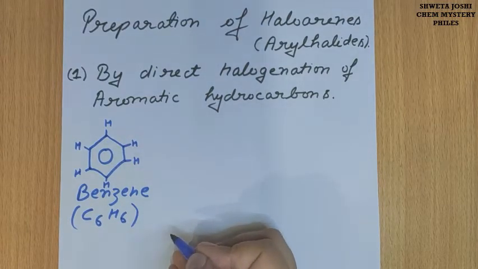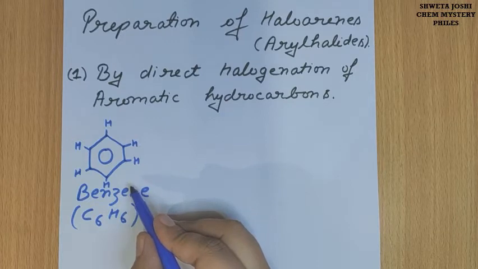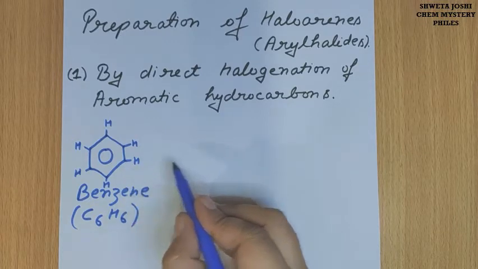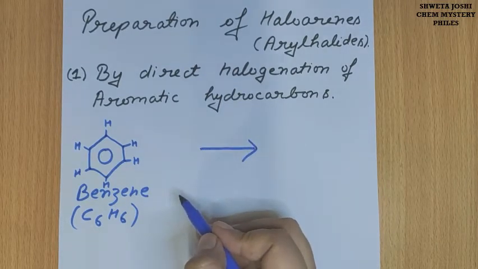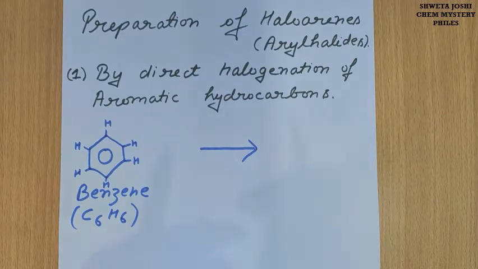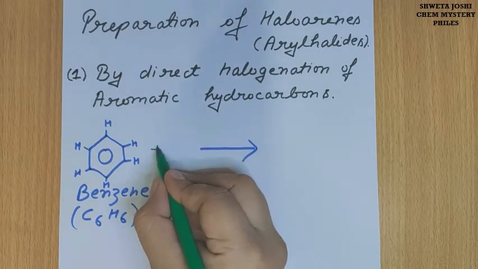Now, for converting this benzene into aryl halide or haloarene, we have to react this benzene ring with halogen in the presence of iron or iron chloride. The reaction condition is that you have to perform this reaction in dark and at room temperature.